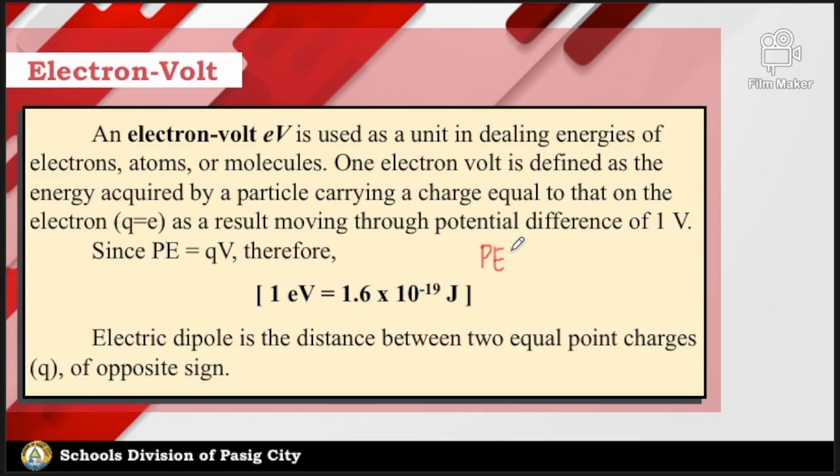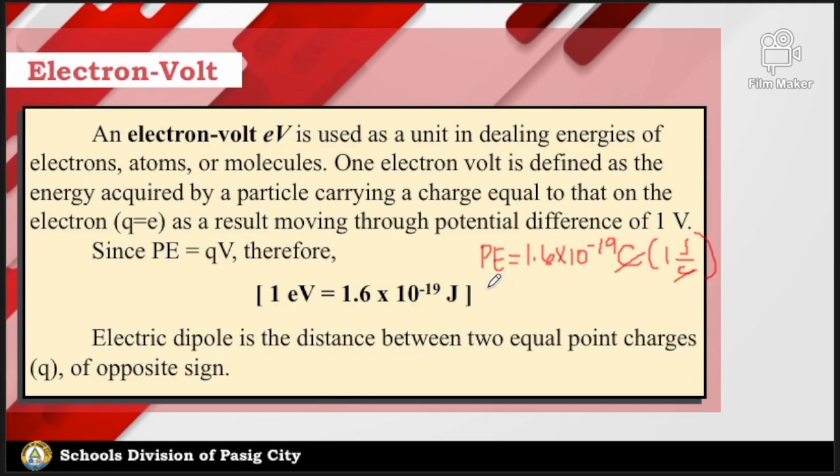the energy of 1 electron is equal to 1.6 times 10 raised to negative 19 coulomb multiplied by 1 volt or 1 joule per coulomb. We cancel the unit coulomb.